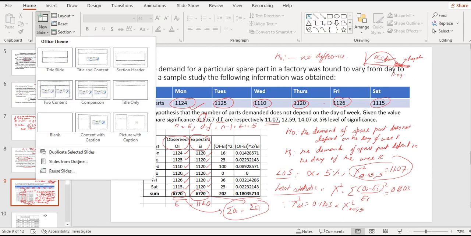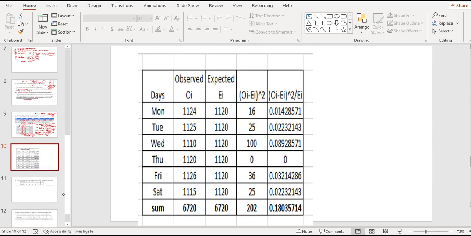We can conclude that chi-square calculated falls in the region of acceptance, so the null hypothesis is accepted.